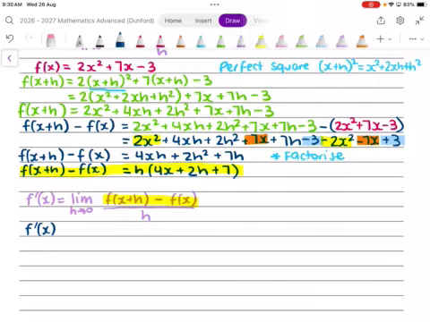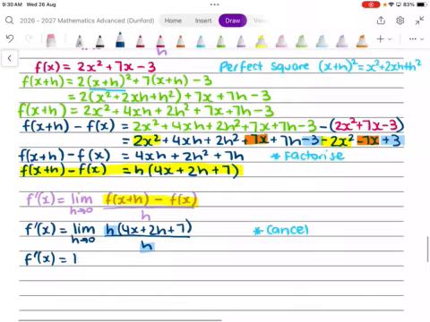So we'll have that f dash x is equal to our limit as h approaches 0 of h lots of 4x plus 2h plus 7 all over h. We can then cancel those h's out. See you later. So we're left with f dash x equals our limit as h approaches 0 of 4x plus 2h plus 7.